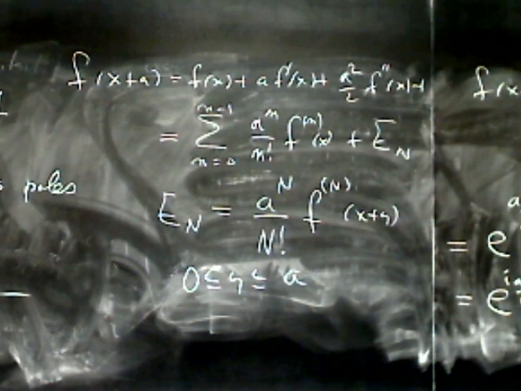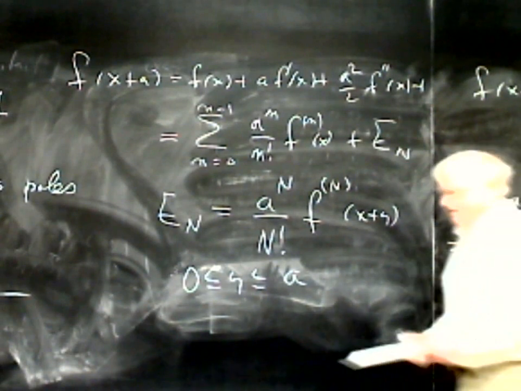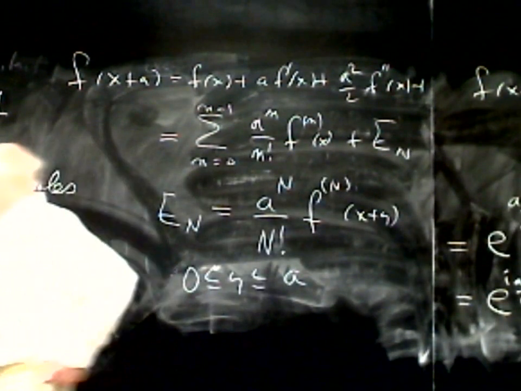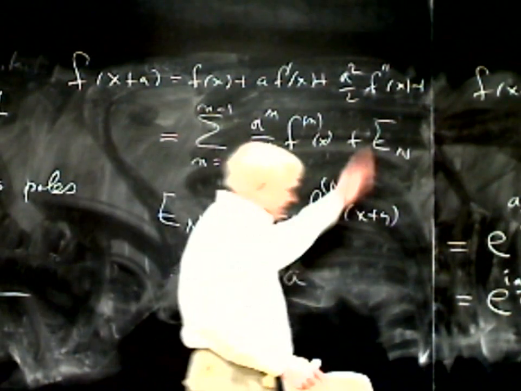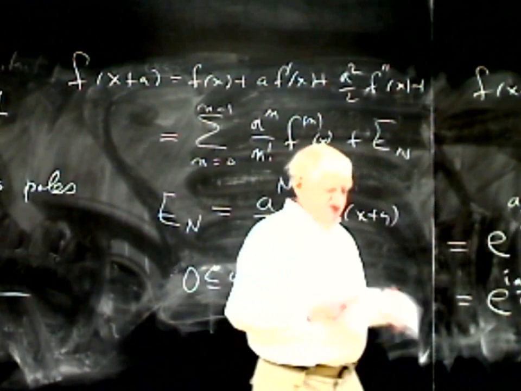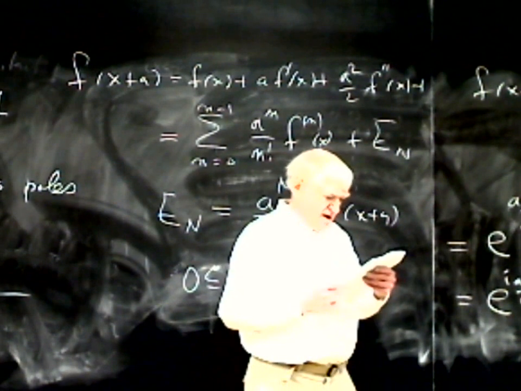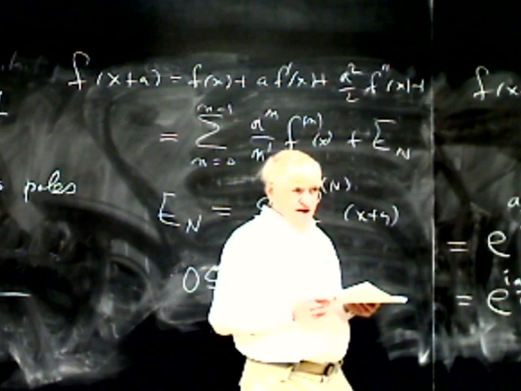So that's what the momentum operator looks like in the x representation. It's h bar over i d by dx. And you see it comes from this Taylor series. Any questions?